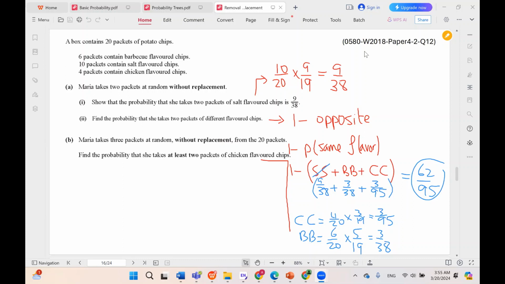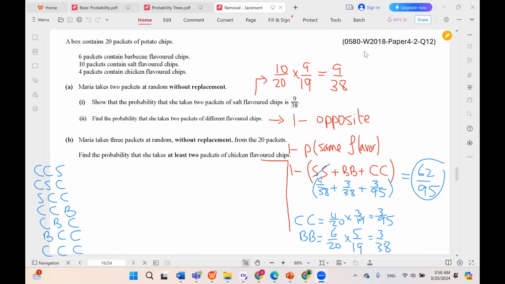To take at least 2 chicken flavored chips, she needs either to get CCS or CSC or SCC or CCB or CBC or BCC. Of course, C is chicken, B is barbecue, and S is salt. And then, of course, she can get CCC. These are the scenarios for which she has 2 or 3 chicken flavored chips in her selection.